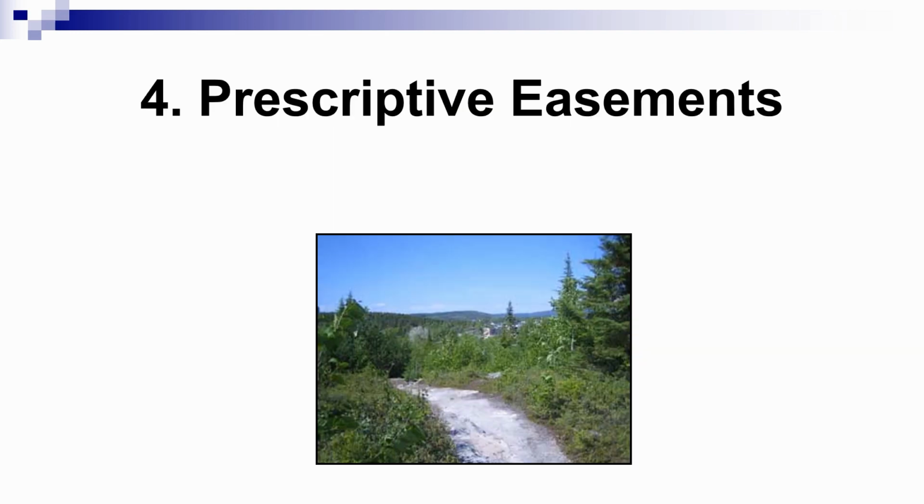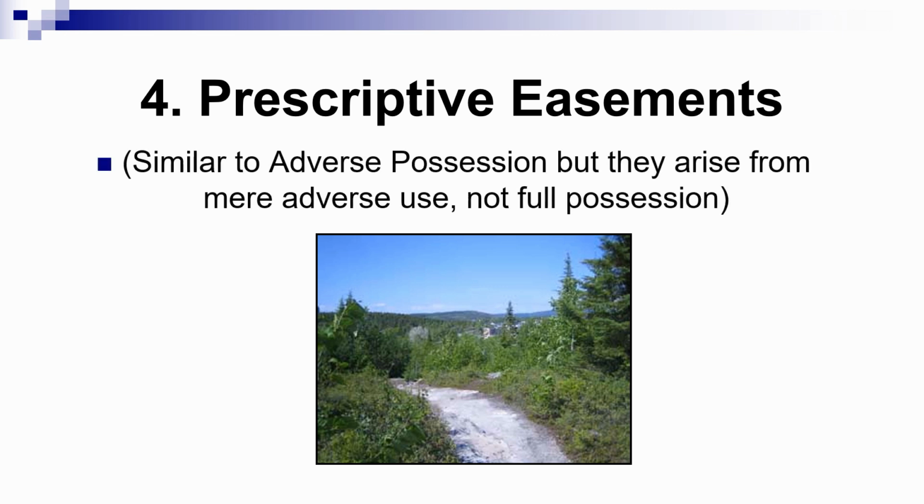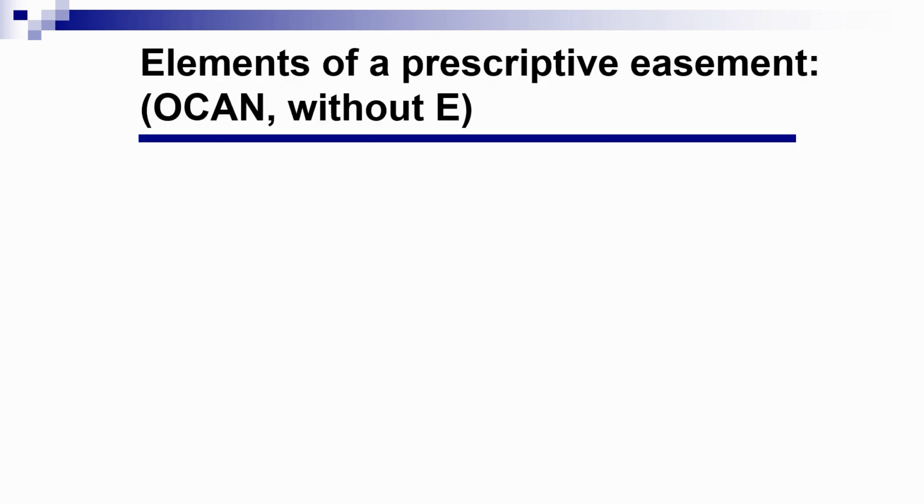The final way of creating easements that we need to cover is the easement by prescription, or prescriptive easement. Easements by prescription are very similar to adverse possession, except that they arise from mere adverse use rather than full possession by someone who's trespassing on the property. So what are the legal elements that have to be established to get a prescriptive easement?